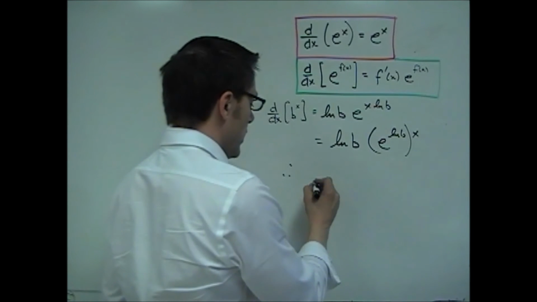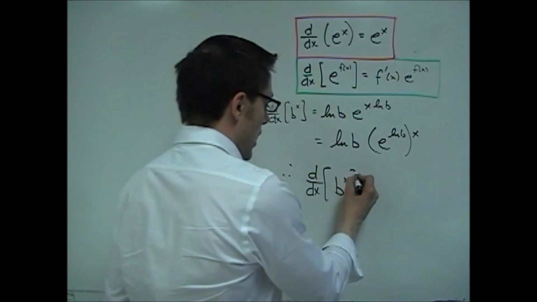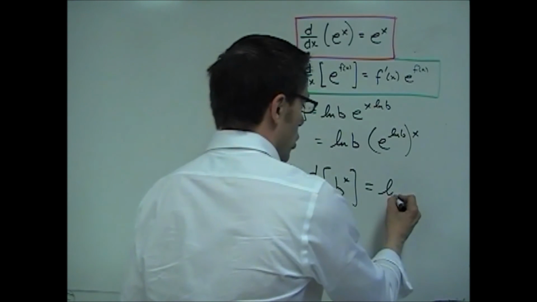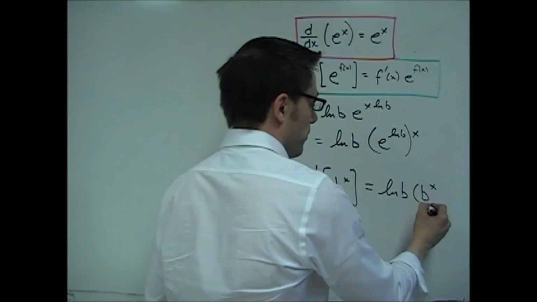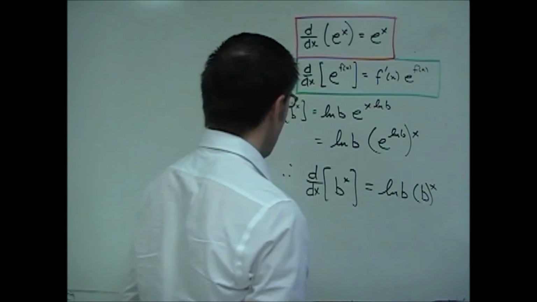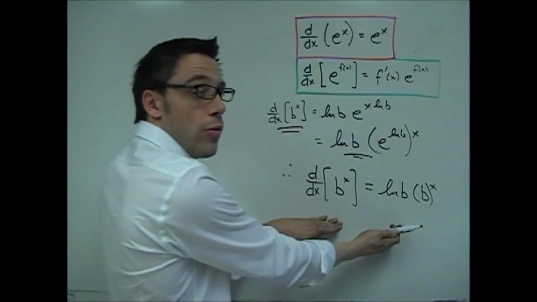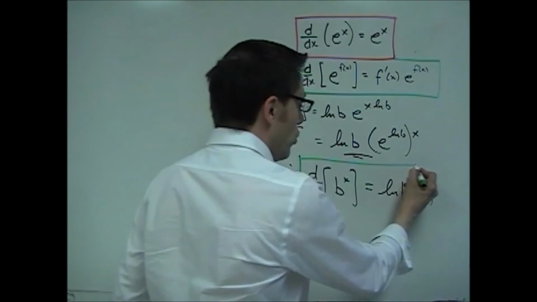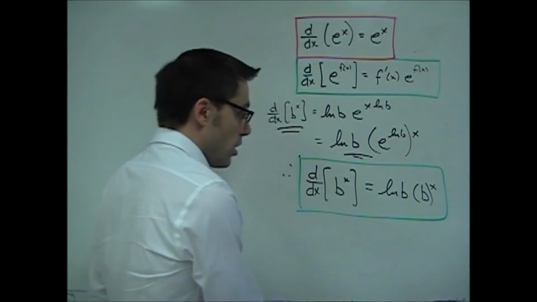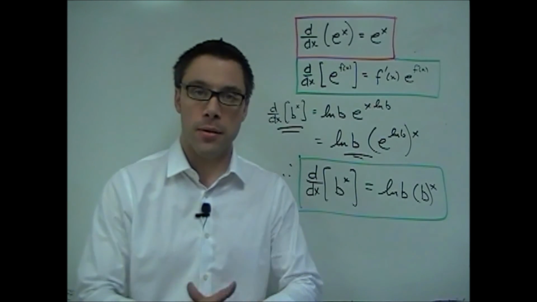So when all the smoke finally clears, d dx of b to the x is equal to log b multiplied by b to the x. Notice that this is just equal to what's over here, and I just rewrote that down here. So in particular, this is my shortcut rule for differentiating exponentials with any base b.